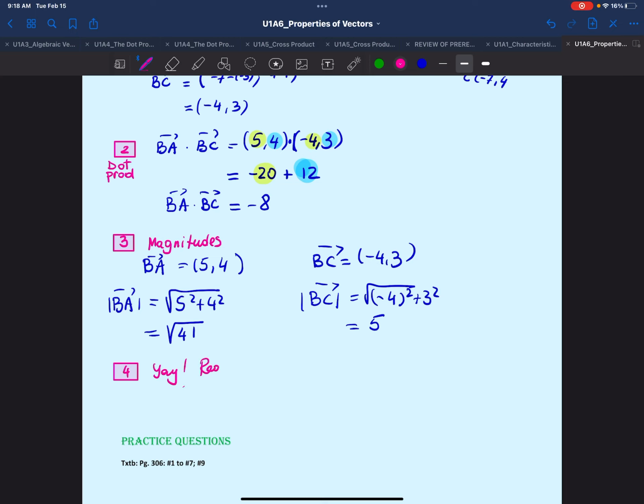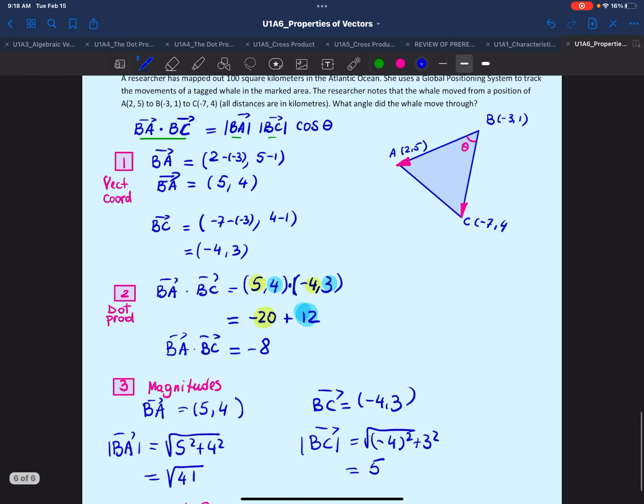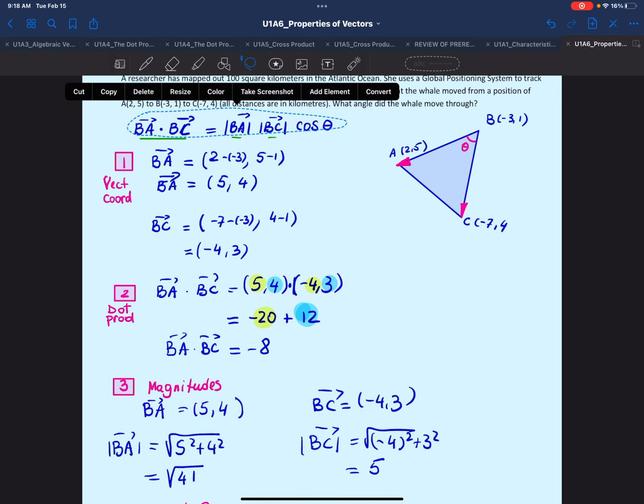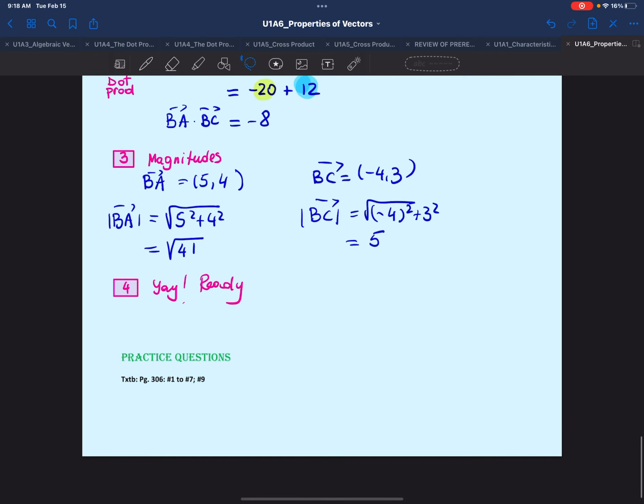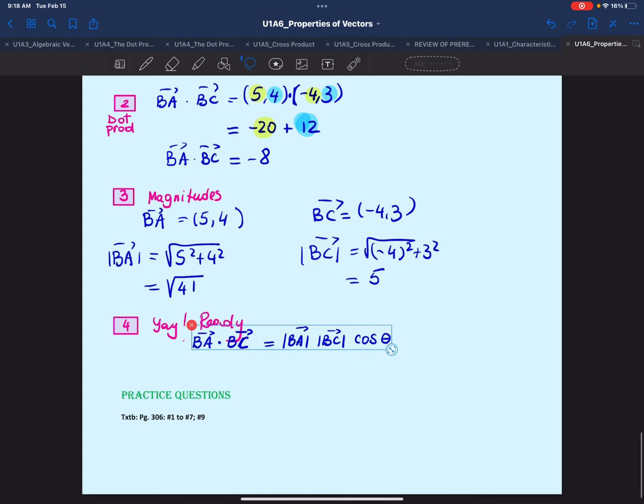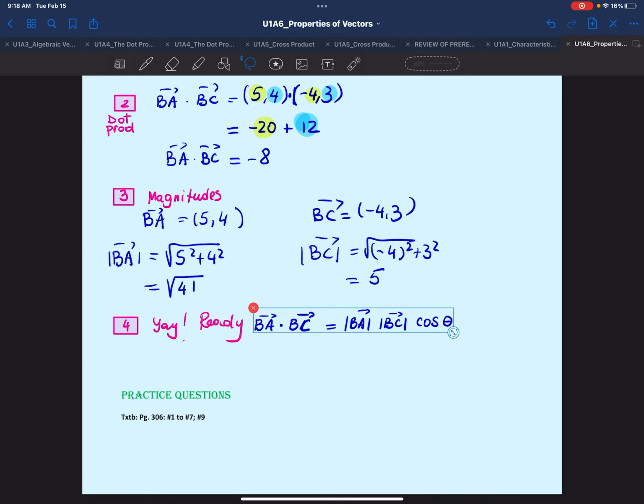Ready now. We're going to say that to find angle theta, we're using the same formula. I'm going to rewrite this same formula one more time and show the substitutions. So here we go. This is the formula we're using. BA dot BC, we already got that, negative 8.